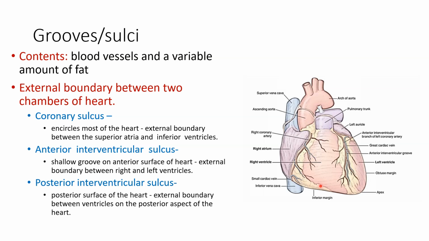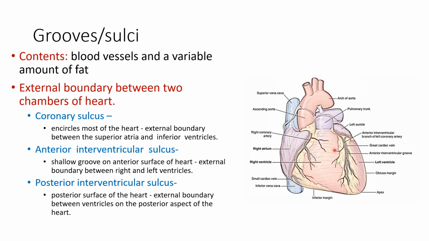So the boundary between the chambers of the heart, the coronary sulcus which encircles the heart, is the external boundary between the atria and ventricles. It is also known as the atrioventricular sulcus.